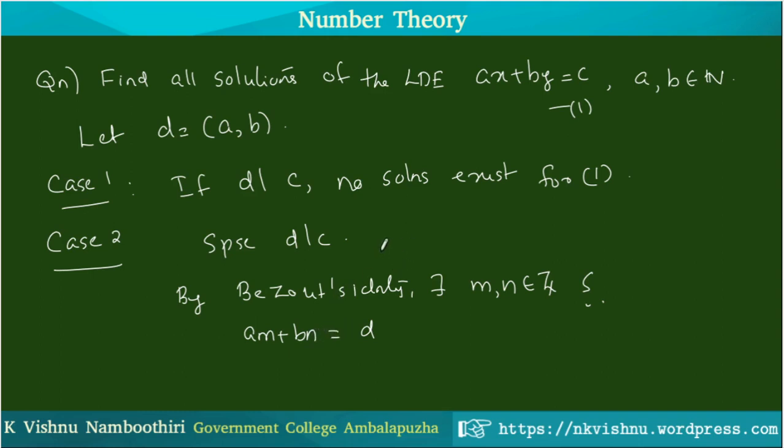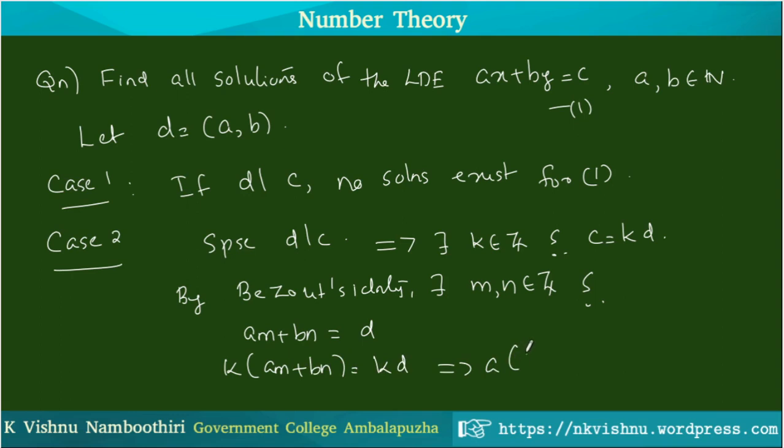But d divides c implies that there exists an integer k such that c is equal to k times d. So from am plus bn equal to d, if you multiply by k on both sides, we get c on the right side. So k times (am plus bn) is equal to kd, or a times km plus b times kn equal to c.